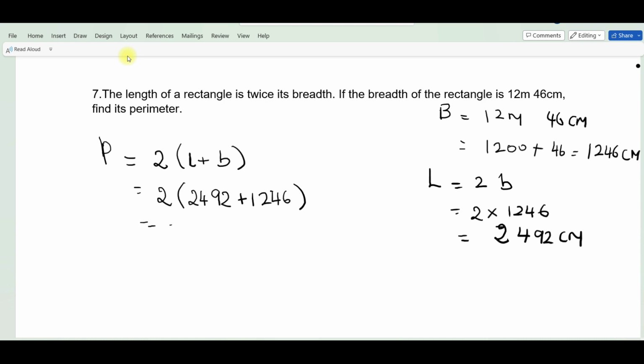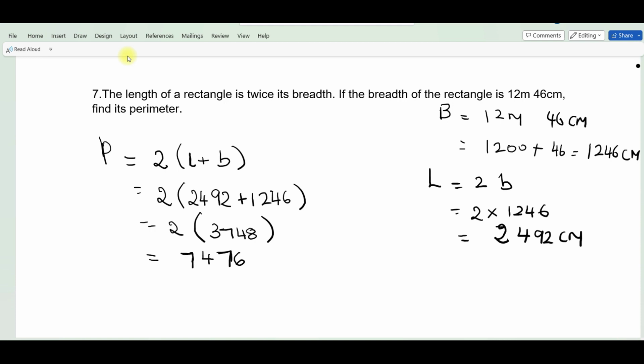So it is equal to 2 into, once we add up, we will be getting 3748, and post multiplying 3748 into 2 times, I would be getting 7476. Okay, 7476, once you multiply 2 into 3748.